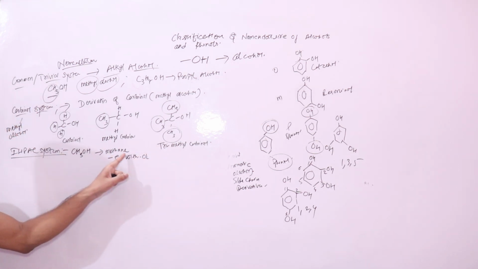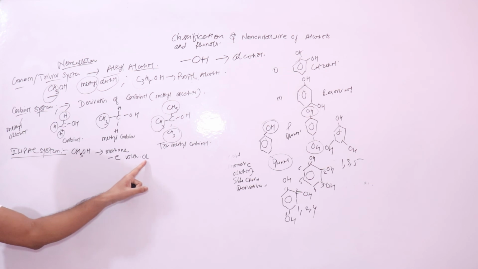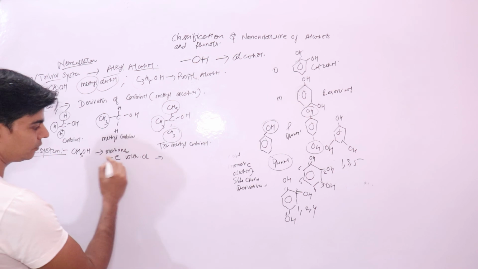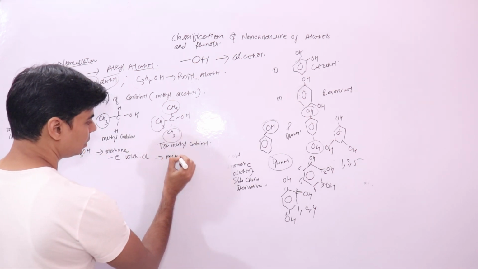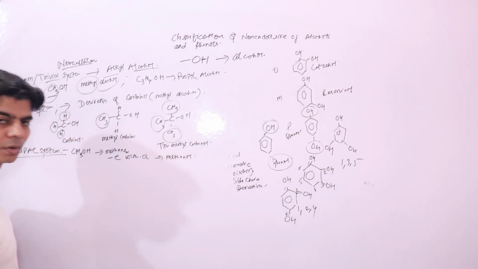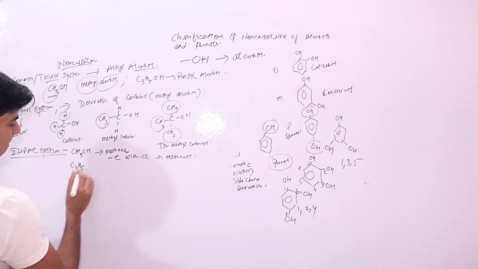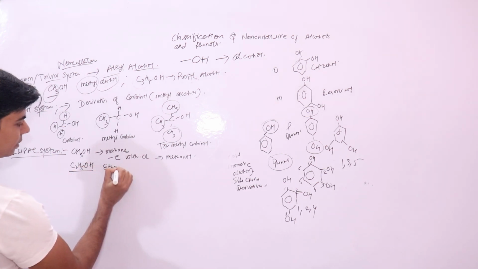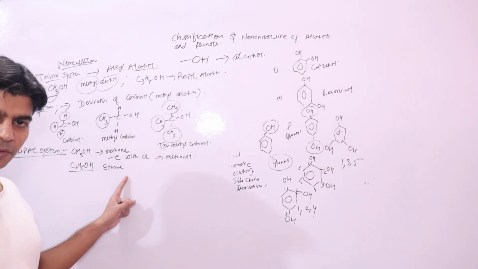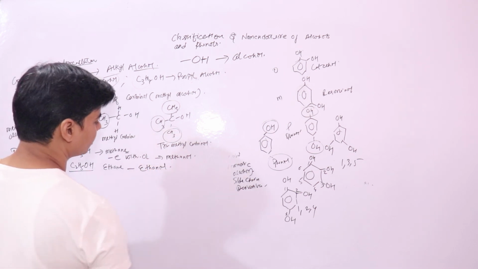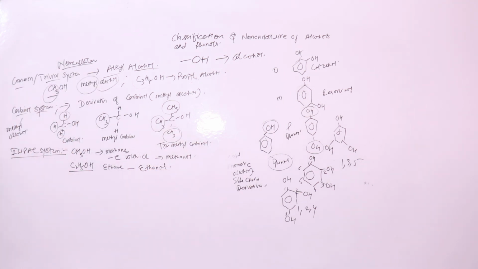You will replace the E of the hydrocarbon with OL to name it. So if I replace the E of methane with OL, it becomes methanol. Similarly, if I have C2H5OH, how will I name it? This is derived from ethane, so I will replace E with OL, and it would be ethanol.